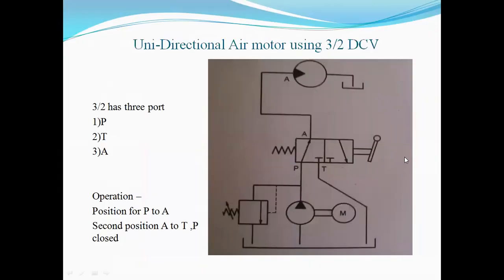Okay. So if we just change the linear actuator with the rotary actuator, the circuit looks like as shown in the figure. Instead of the linear actuator, we just put in a rotary actuator.